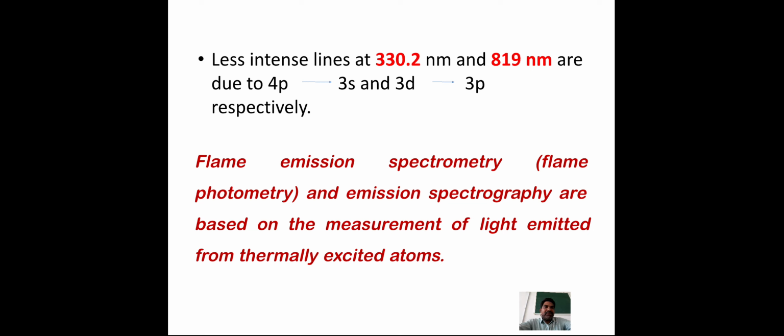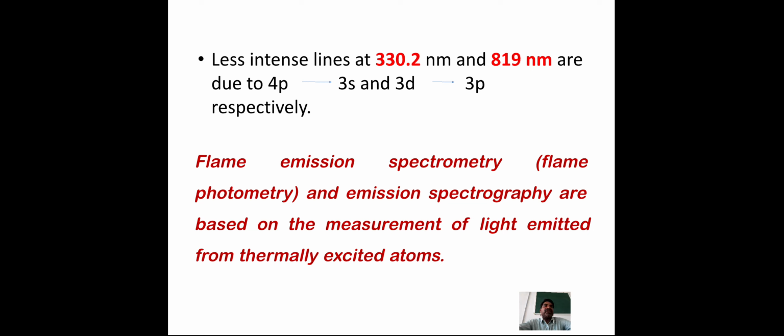Flame emission spectrophotometry, or flame photometry, is a technique where the spectrometer measures the intensity of the emitted light from thermally excited atoms. In flame photometry, the atomic sample needs to be vaporized and excited. After excitation, the atoms emit energy in the form of light, and the intensity of the emitted photons is measured using a spectrometric detector.